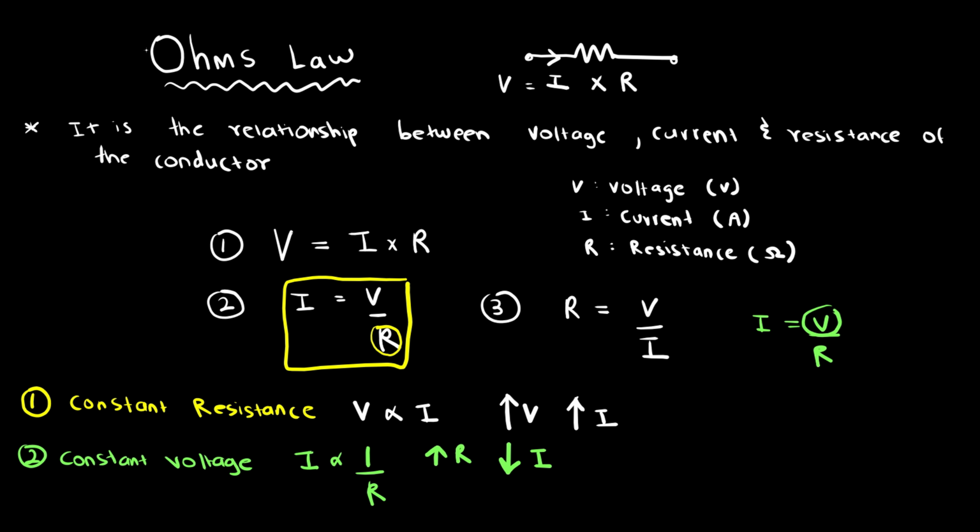So let's do a small example. Let's say, imagine that you have a resistor with resistance, let's say 10 ohms, and you pass a current of 2 amperes.